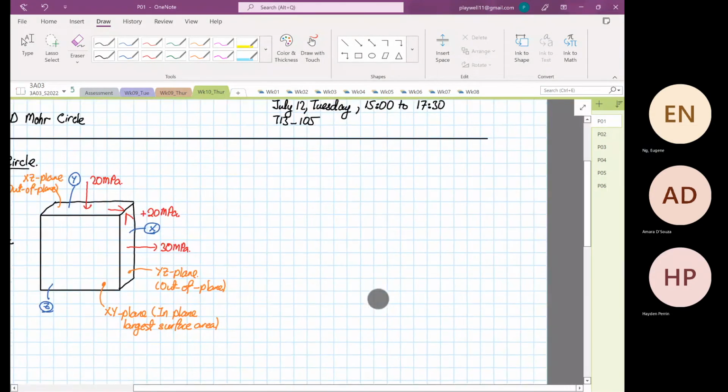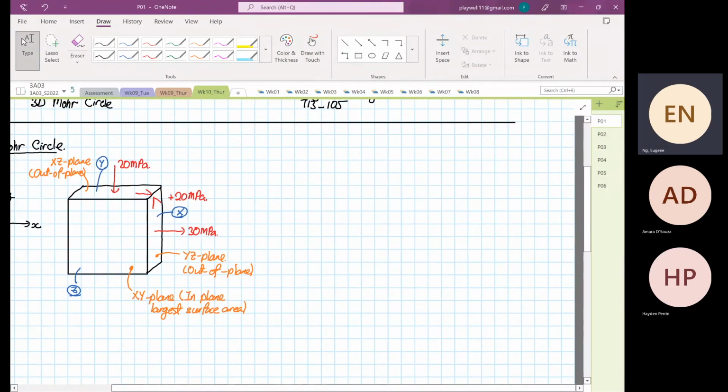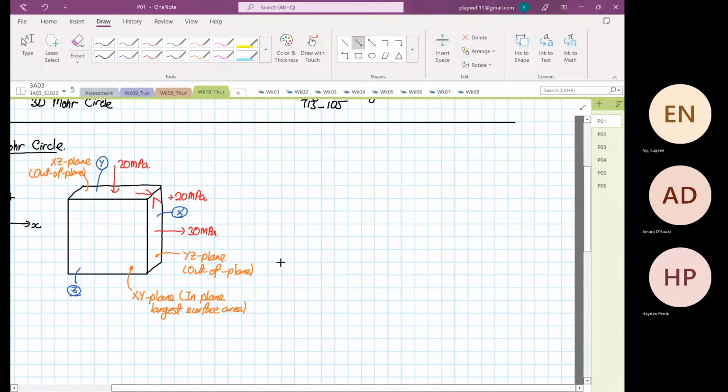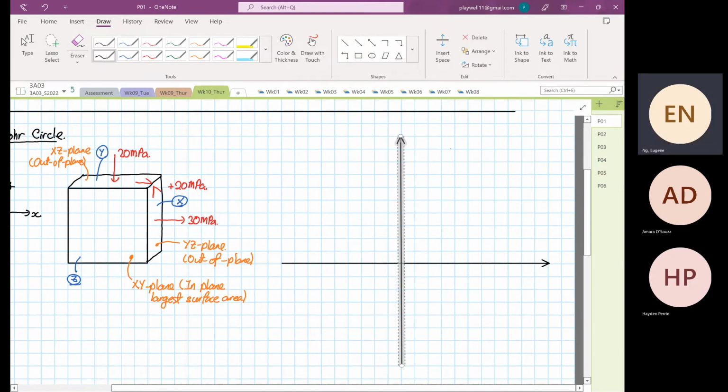So we will have our axis. This is our normal stress.